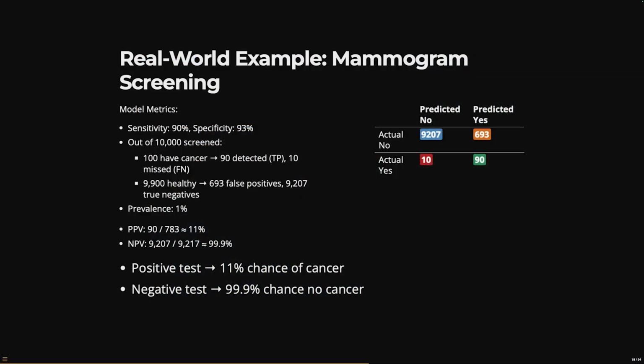Yeah, exactly. Okay, so the negative predictive value is very high. If you get a negative result, it's almost for sure that you do not have breast cancer. However, if you do get a positive, there's an 11% chance.